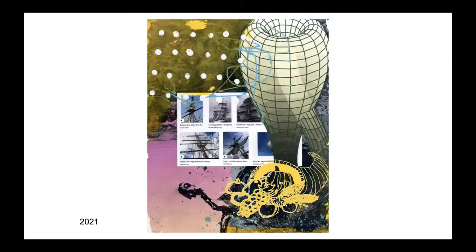So this entire image is transferred. I created this entire image in Photoshop and had it printed on a wide format inkjet printer, and then using gesso transferred it to a panel. And you can see with this screenshot of the Google images, it's very crisp.